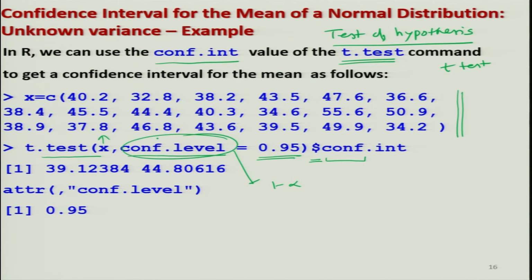At the moment I would request you to accept it at face value, and later on I will give you the entire results. If you get this value, it will come out to be 39.12 to 44.80, and this is the interval that you can obtain here.